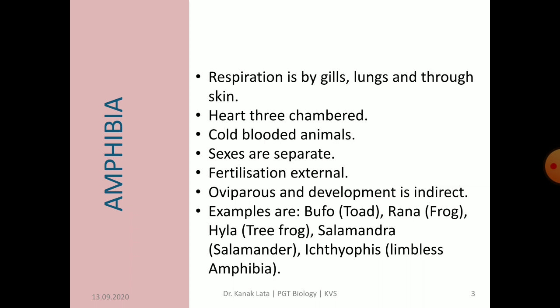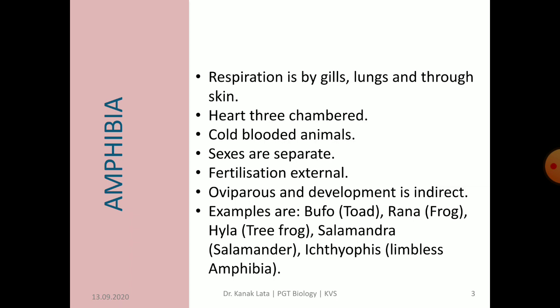They are also called cold-blooded, meaning they can change their body temperature according to the surroundings. Sexes are separate, that is dioecious, with external fertilization. They are also oviparous and development is indirect, that is it includes an aquatic larva that undergoes metamorphosis and finally forms the adult.